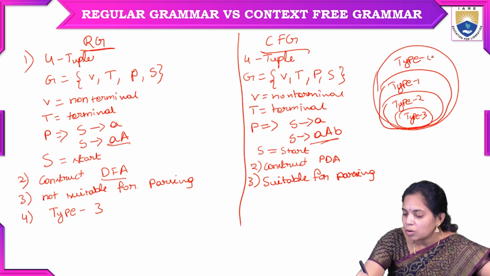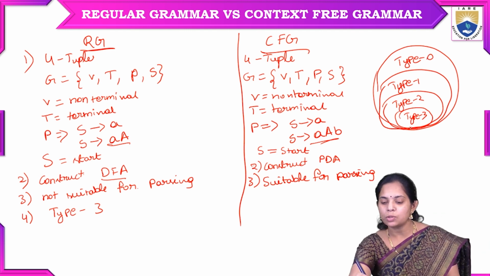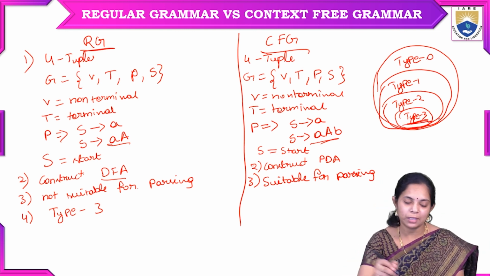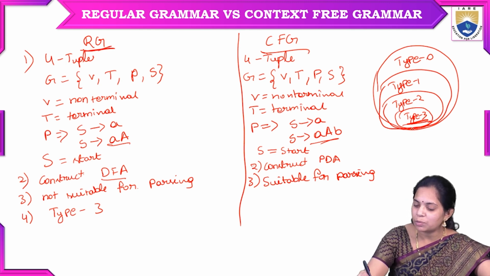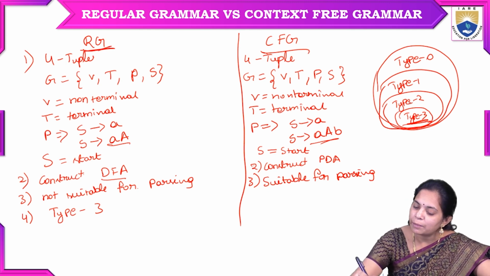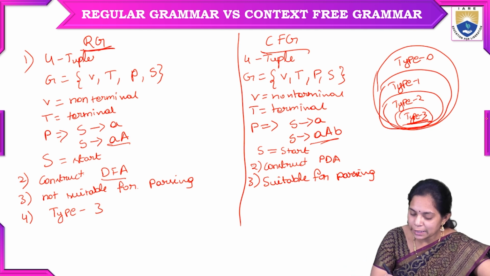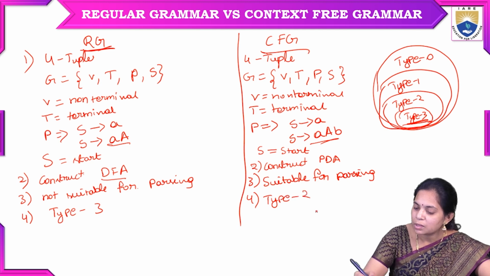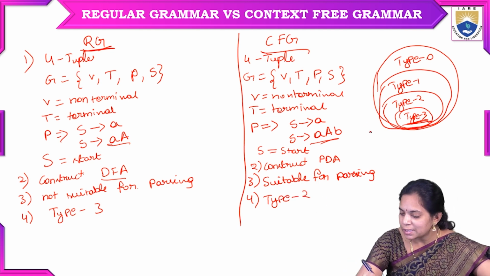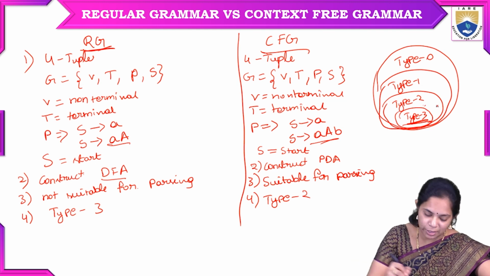So this is the Chomsky hierarchy. This type 3 grammar is nothing but the regular grammar. And in the Chomsky hierarchy, the context-free grammar is a type 2 grammar. So with this diagram we can say that type 3 grammar, that is the regular grammar, is a subset of context-free grammar.